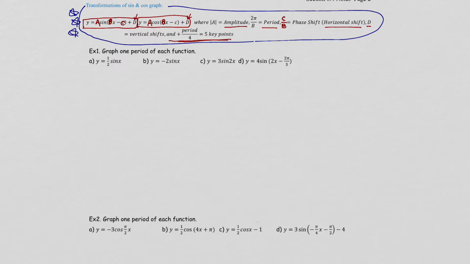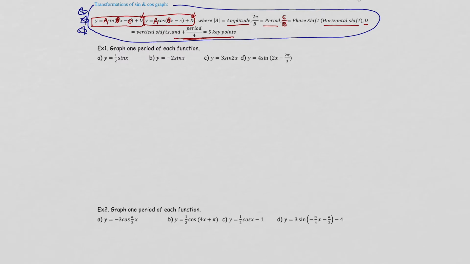So in these sections, basically we're going to do exercises of graphing. We start with a simpler one. On example 1, you have the first one, we have y equals 1 over 2 sine x, right? So first one. If we wanted to find the graph, let's just follow the steps here. Let's try to find the amplitude, right?